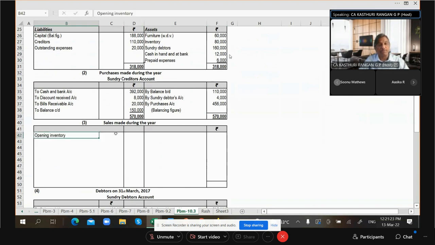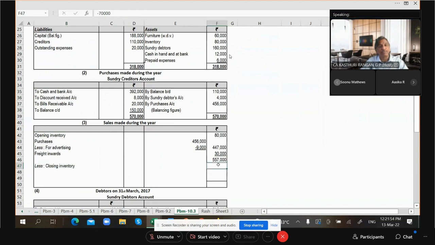What is the opening stock in the problem? 80,000. Purchases: 4,56,000 less advertising, because you didn't sell it, 447. You have to add the freight inward. Direct expenditure also should be added. You'll get the total. From this, you have to deduct the closing stock, 70. You will get the cost of goods sold.